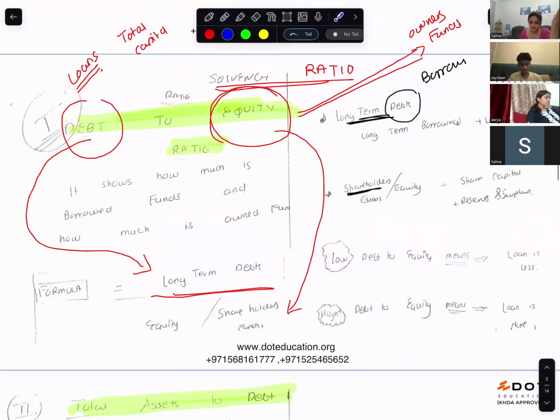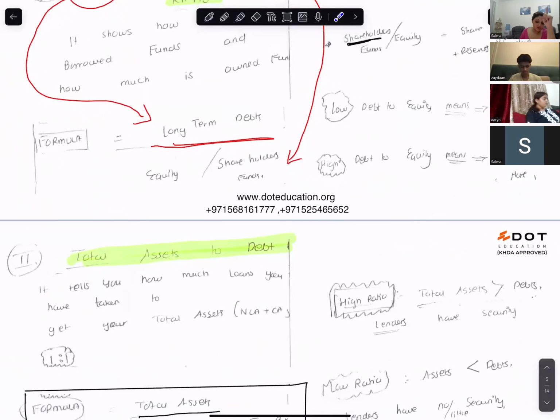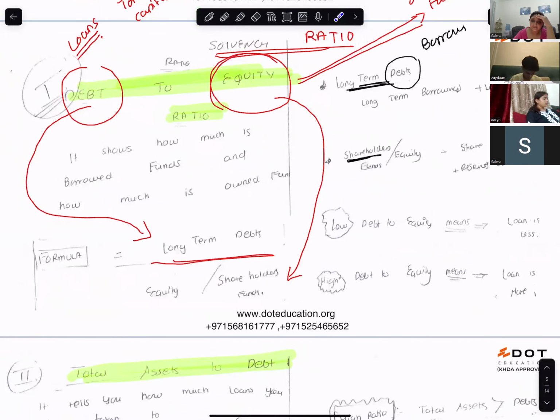So we studied 4 solvency ratios now. What are the 4 solvency ratios? The first one, debt to equity ratio. It tells you that in your total funds, how much is your borrowed funds and how much is your own funds.